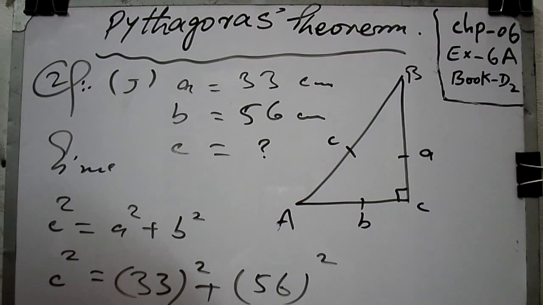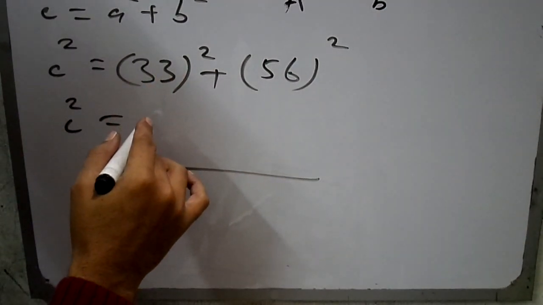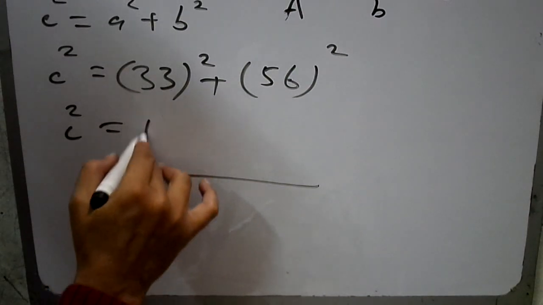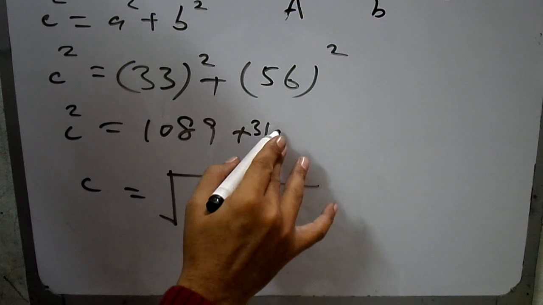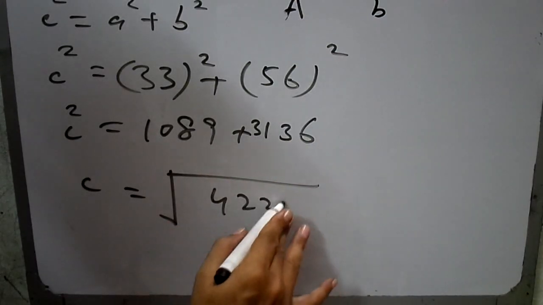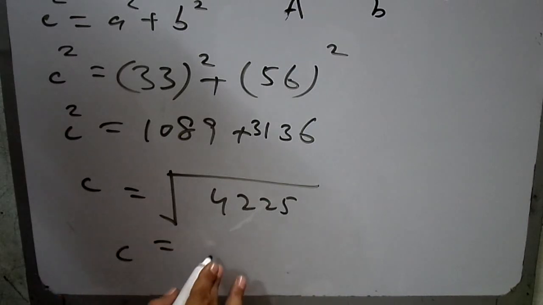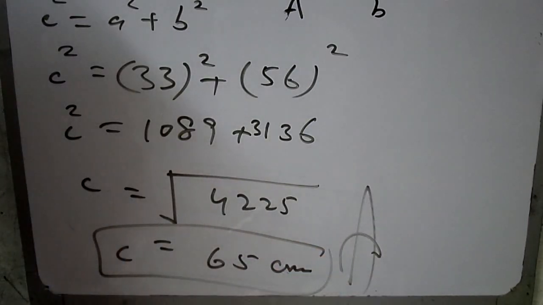So after simplification, 33 square by using calculator gives you 1089 plus 3136, that is 4225, so the value of C is 65 centimeters. So that is your result.